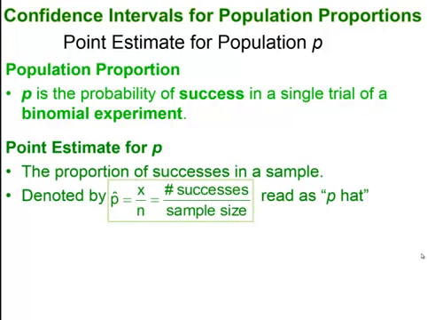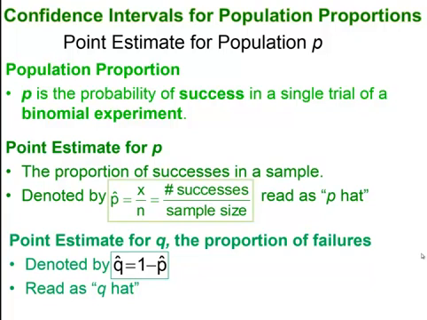So when we're talking about the point estimate for our proportion, our p, the proportion of success in a sample, we will denote it as p hat. And p hat is made up of x over our n, which is our number of successes over our sample size. And again, it's read p hat.